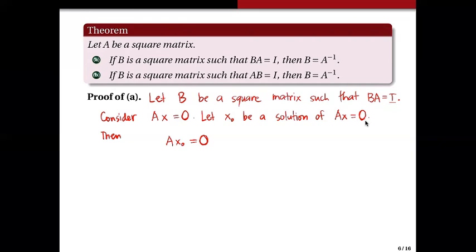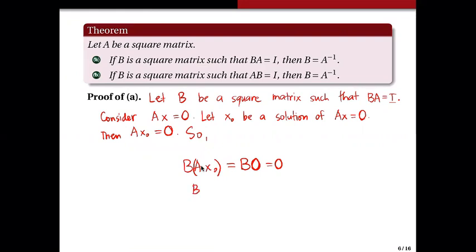And then what we're going to do now is to multiply the matrix B. So we have BA x sub 0. This is B times the 0 vector there. This is equal to the 0 vector here. And then we just regroup this.